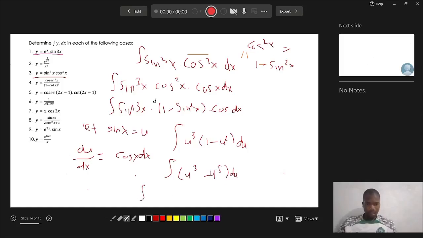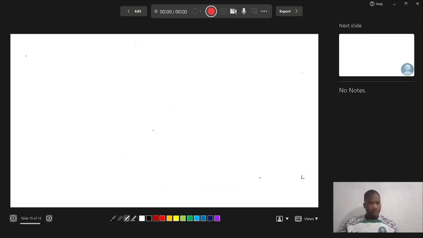Then it's the integral of u to the power 3 du minus the integral of u to the power 5 du.